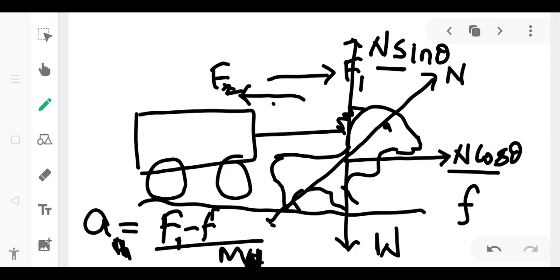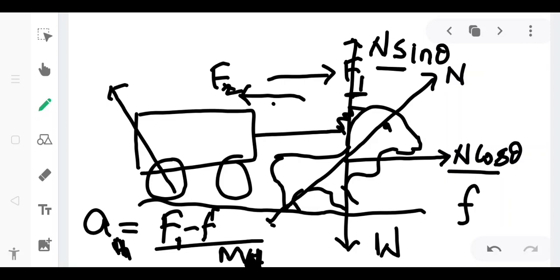So this will be the acceleration of the horse. Now next, when we are considering the cart, see, F1 is the force acting on the cart. At the same time, when this cart is pushing the ground down, then the ground also applies a normal force in this way, right?